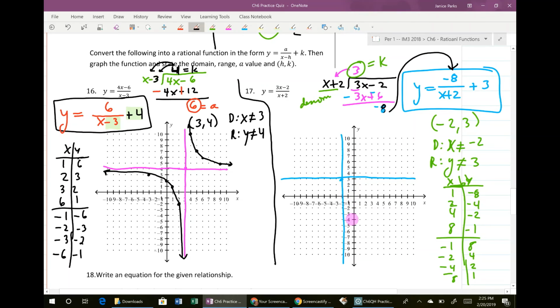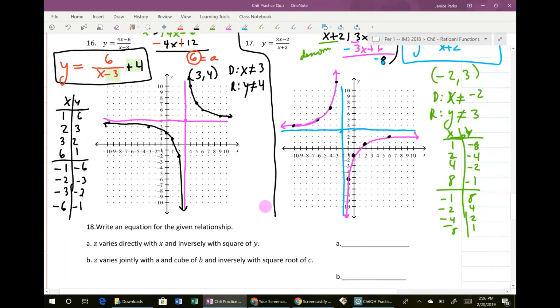Then 2, negative 4, and so on through the positive and negative values. And then draw those in. All right, that's it for those.